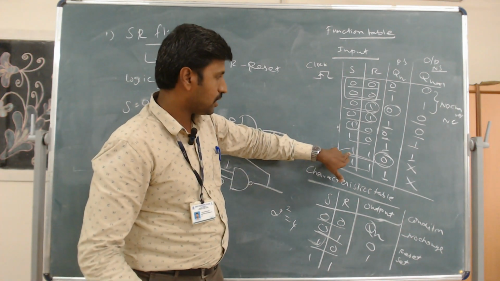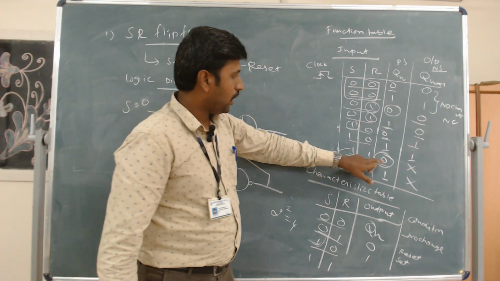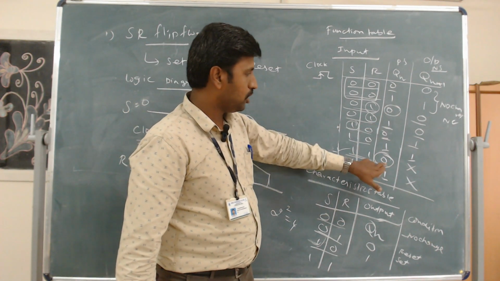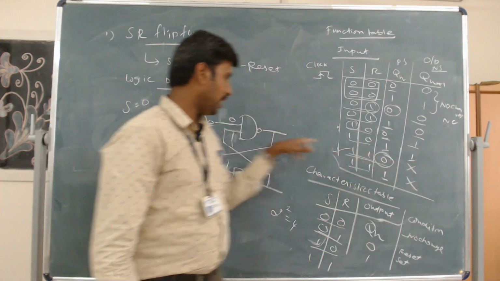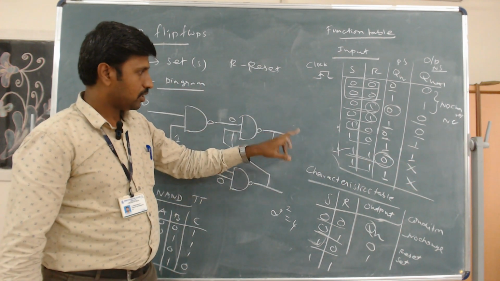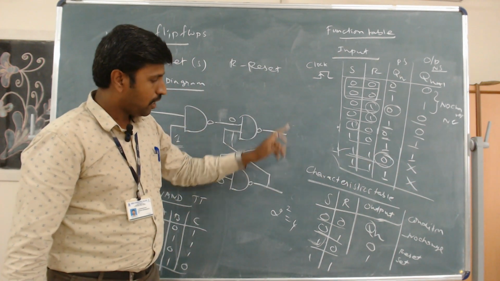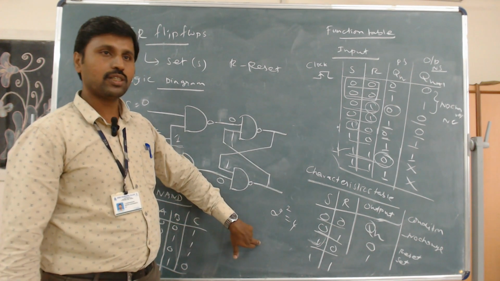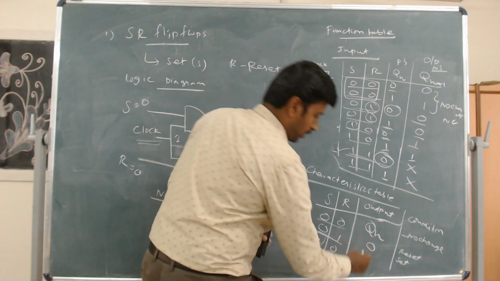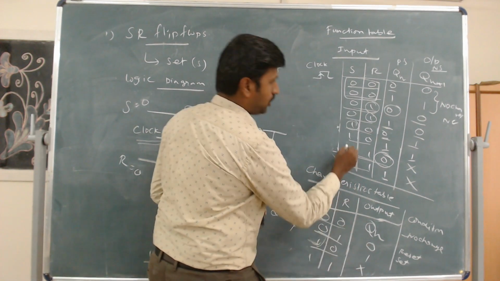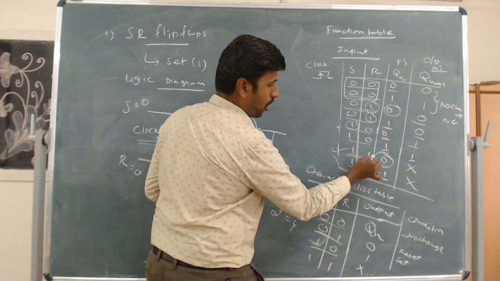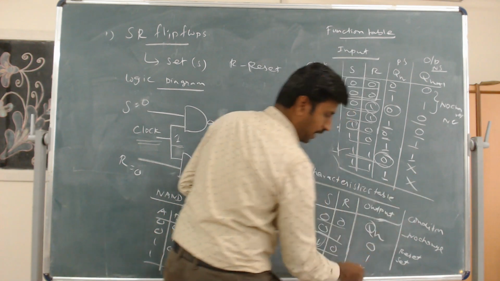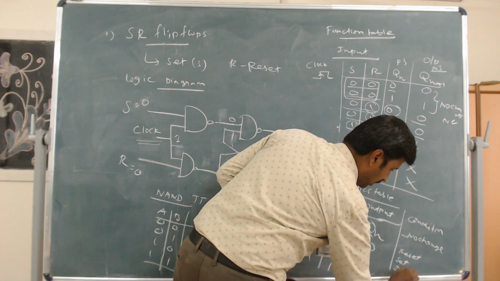If S and R are both 1, and the present state is 0, I am getting X. Why am I getting X? Because Q will be 1 and Q bar will be 1, or Q will be 0 and Q bar will also be 0. This is called the indeterminate state. Whenever S is 1 and R is 1, I am getting XX. This is called the indeterminate state.